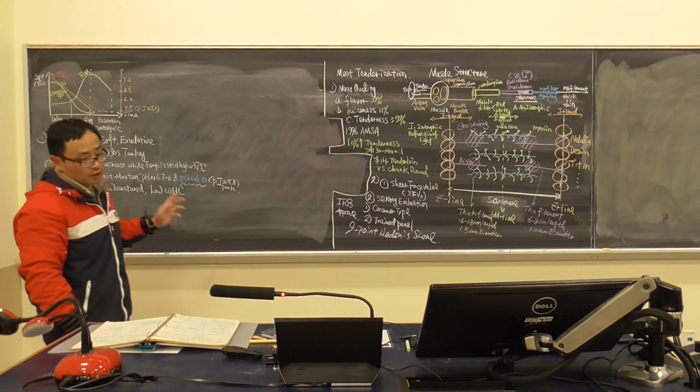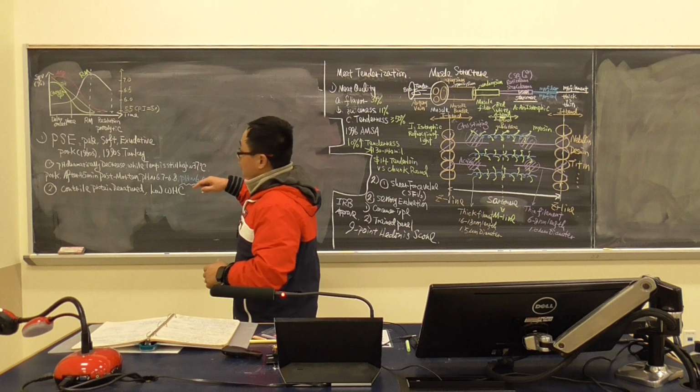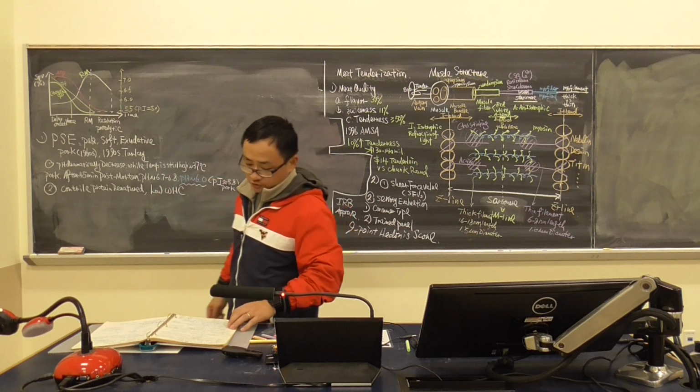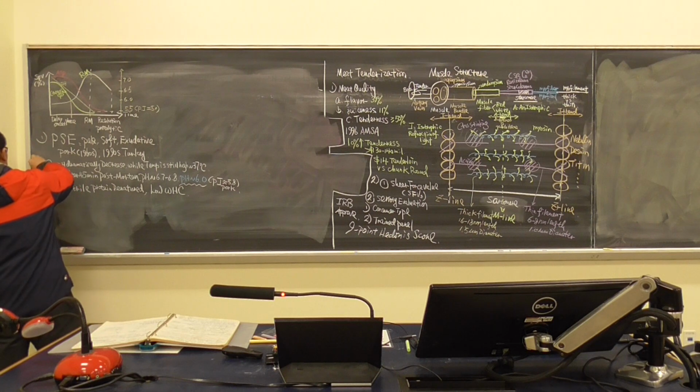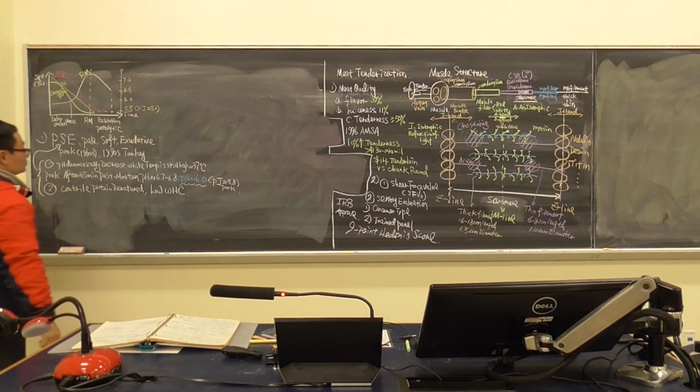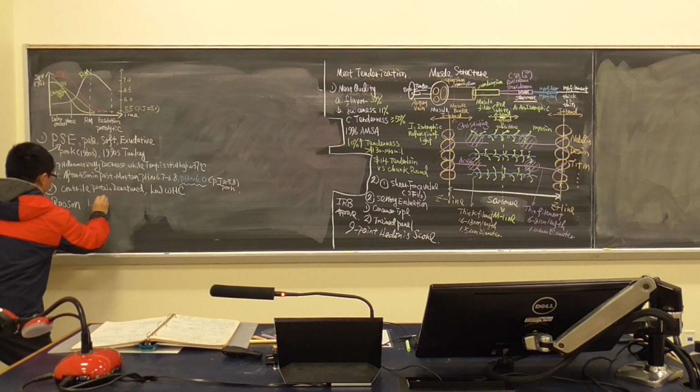Which means water cannot be held, so everything will be extracted on the surface. Then this will cause PSE. Okay, why does it cause PSE? What's the reason behind it? There are two major reasons. One is stress.